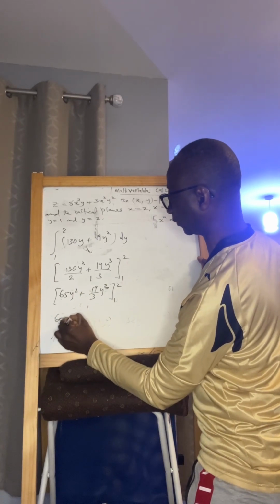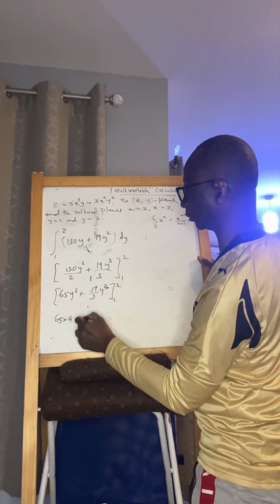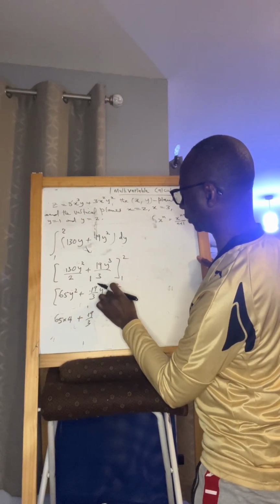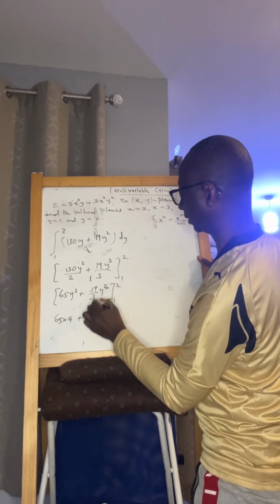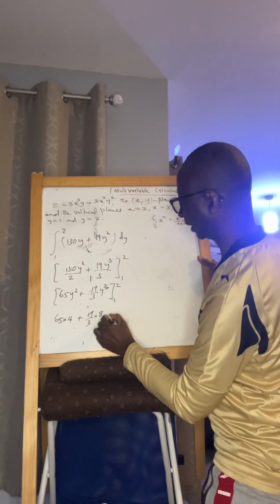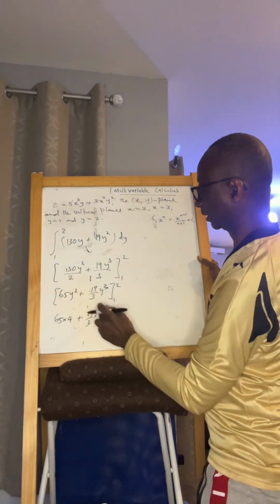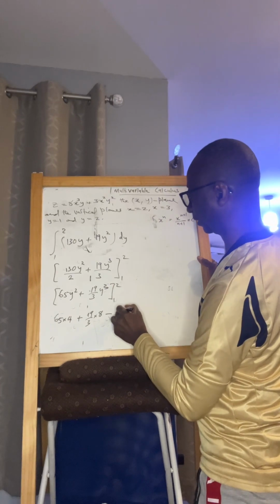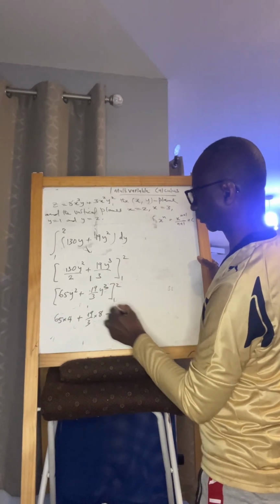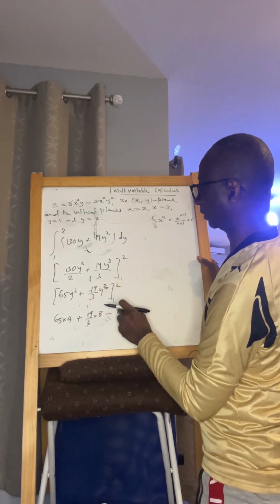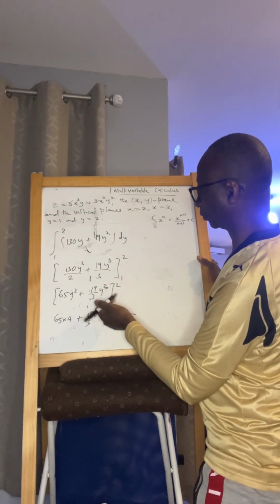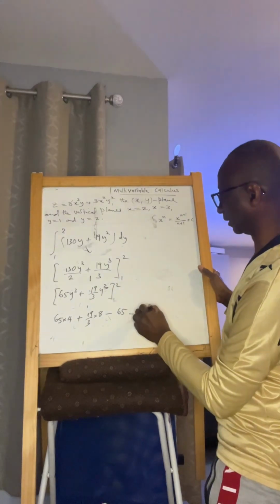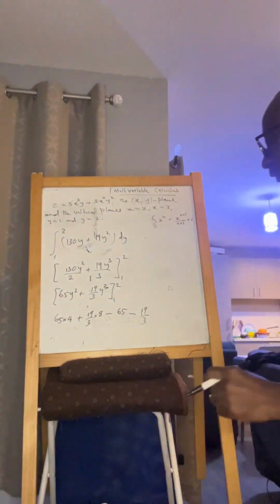So 65 times 4. Plus, you have 19 all over 3, now 2 raised to the power of 3 times 8, yeah? Then you have minus. Now, consider the 1. 65 y raised to the power of 1 is just 65. Yeah? Minus again, this side now. y raised to the power of 1 raised to the power of 3 is just 1. So this will be 19 all over 3. So this is what you get.